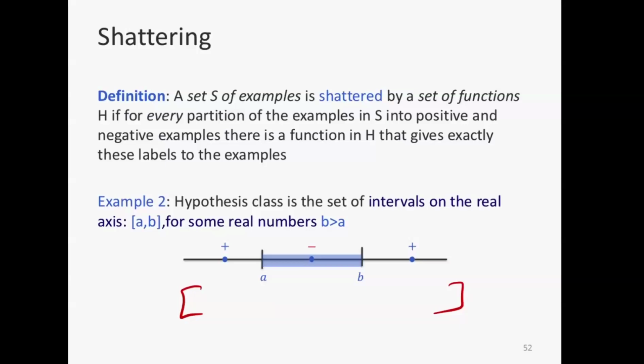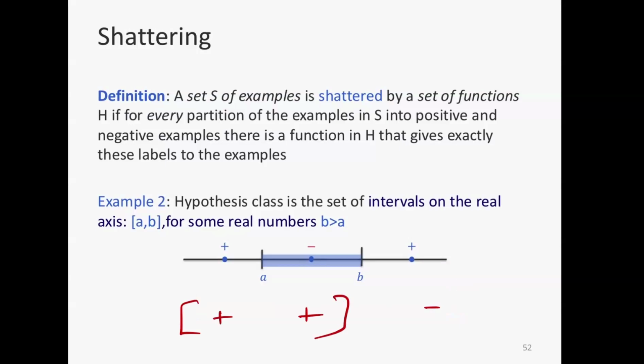And here, sometimes people get confused. Maybe I'm needlessly being adversarial. Maybe I should not have picked this labeling. Here's another labeling that can be matched by the set of intervals. Why can't I use this to prove that it's being shattered? It's for every labeling.